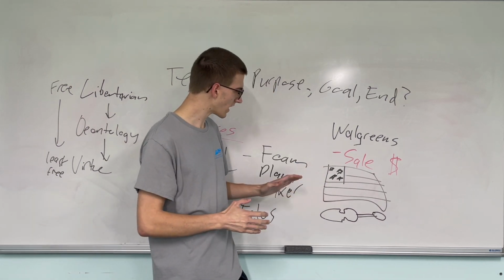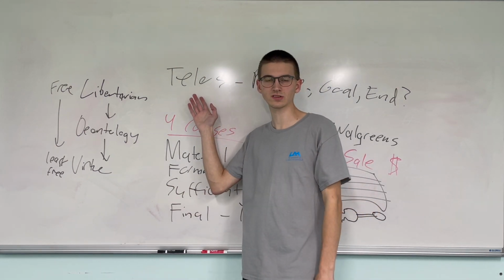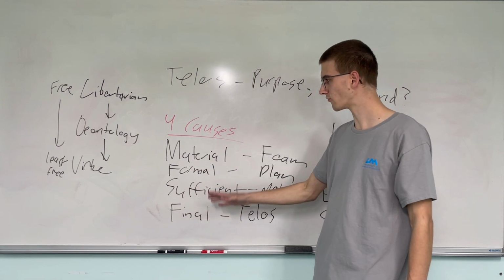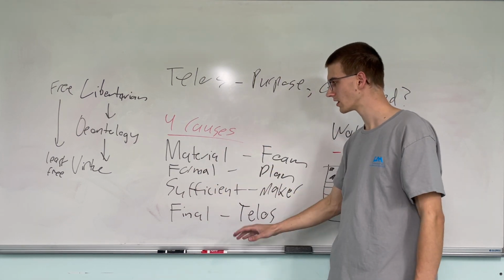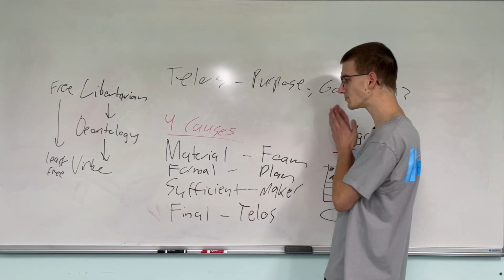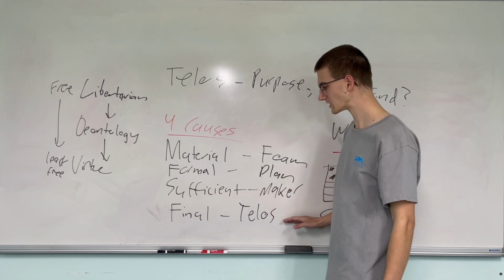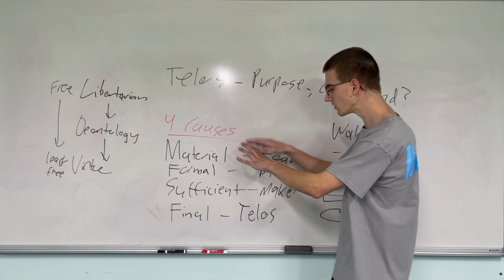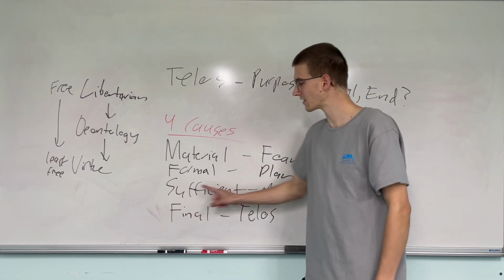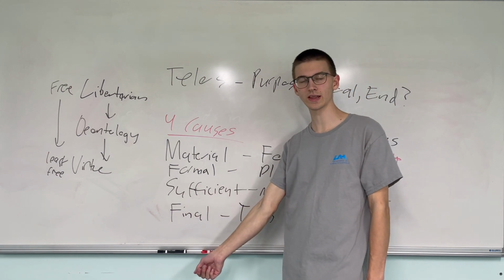And as such, Aristotle says that we should be using things for their telos, their final cause. If we want to look at something, we look at its isness, we look at the material it's made out of, the plan that it follows, who made it, and what its final purpose is, and we look at all this stuff and we say, okay, it was created for this final purpose in mind, and we should be using it for that purpose.